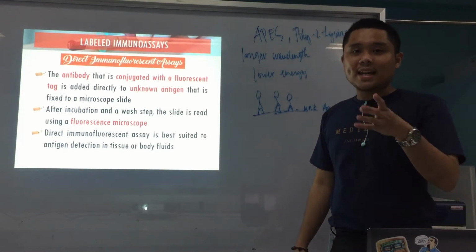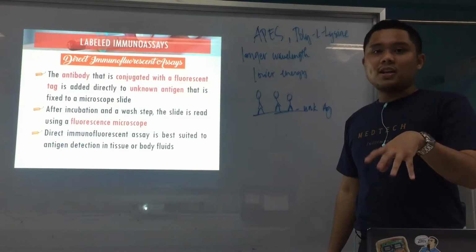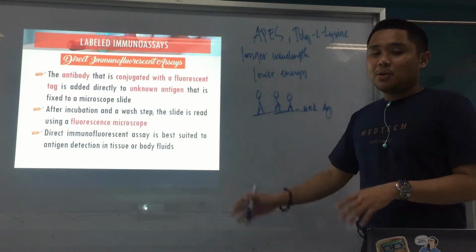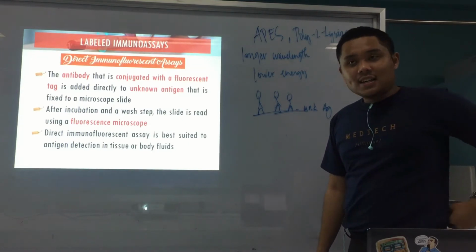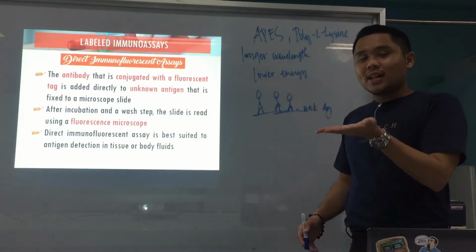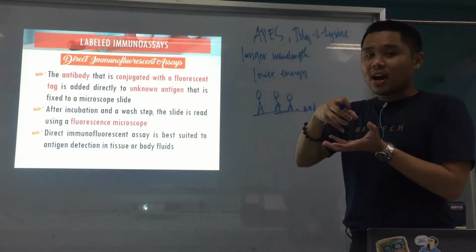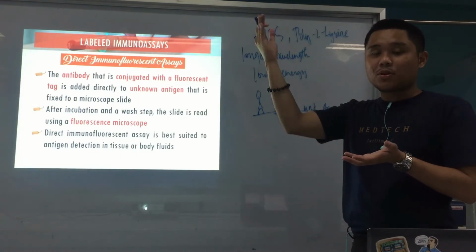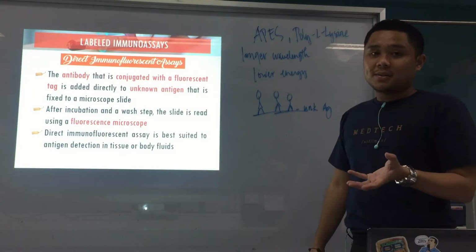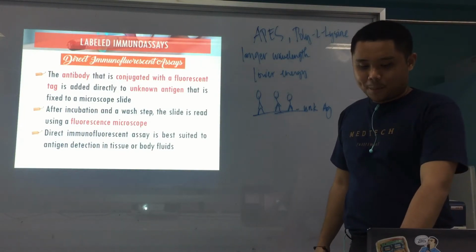Most of the time, in immunohistochemical techniques in histotechnology, for determining antigens on your tissues, it is usually direct immunofluorescent assay. How is it performed? To the unknown antigen, patient antigen or microorganism antigen, you add the antibody with the fluorescent probe, and then examine under the fluorescence microscope. Very easy, straightforward procedure.